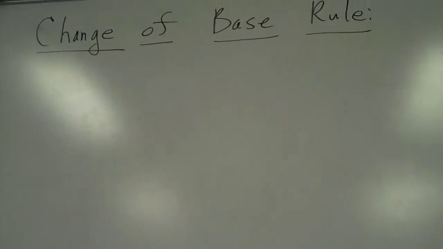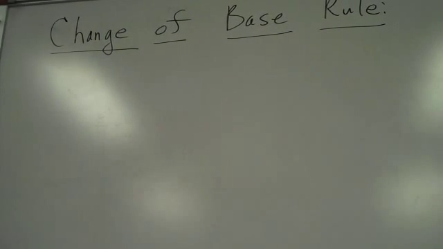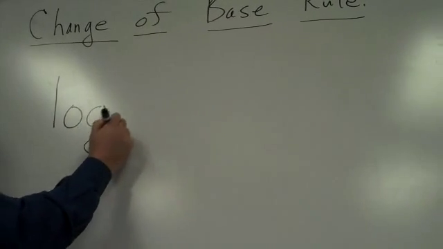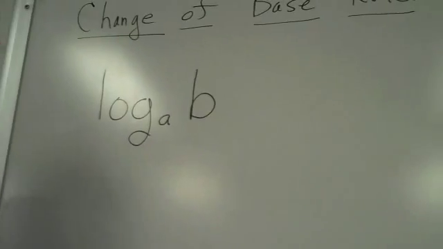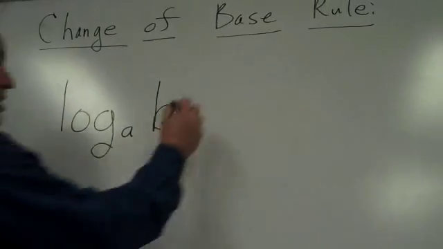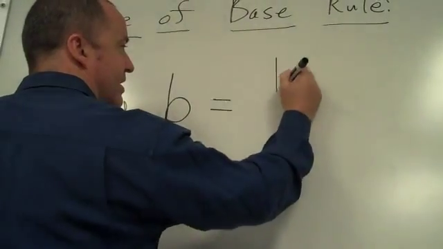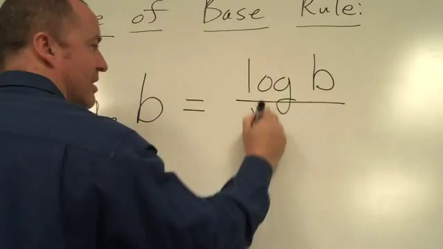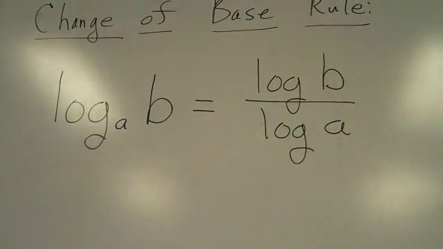Change of base rule says that, let me make sure I write this correctly. If you have the log base a of the number b, where these can be any numbers you want, this is going to be equal to the log base 10 of b divided by the log base 10 of this base a.